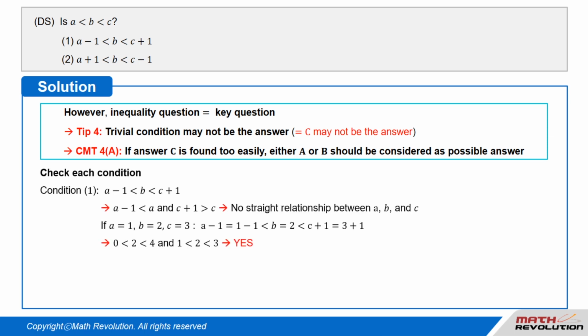Condition 1 tells us that A minus 1 is less than B, which is less than C plus 1.